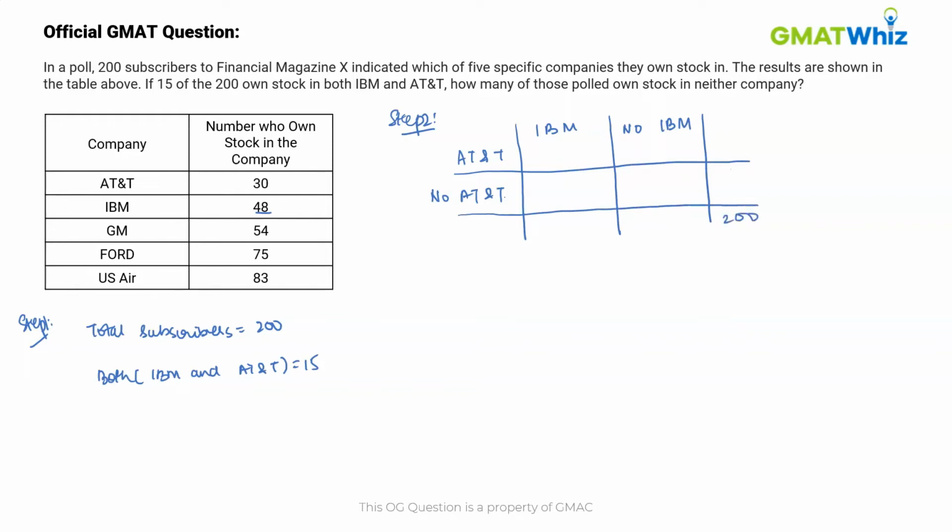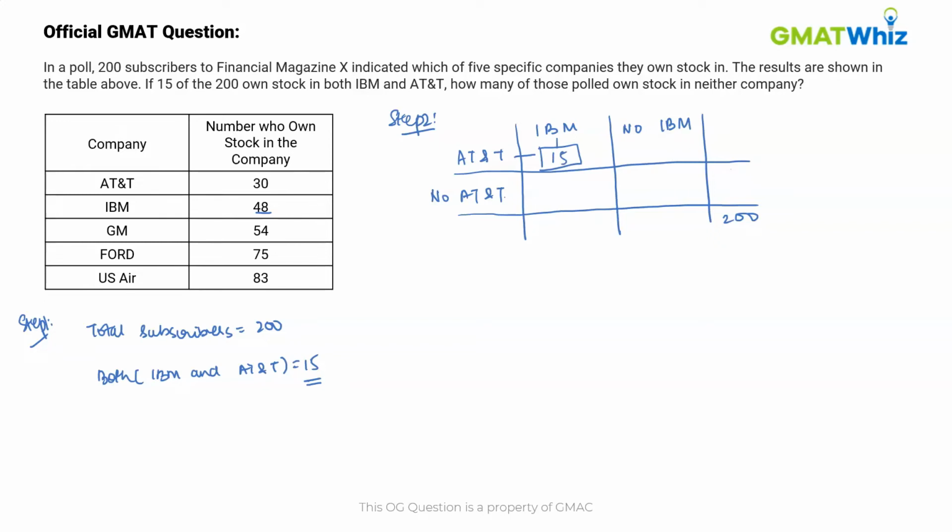Now let's write down the information that we can get from the question and fill up the matrix. We know that there are 15 subscribers who own stock in both the companies. So we write 15 here, since this shows us the number of subscribers who own stock in both IBM and AT&T.